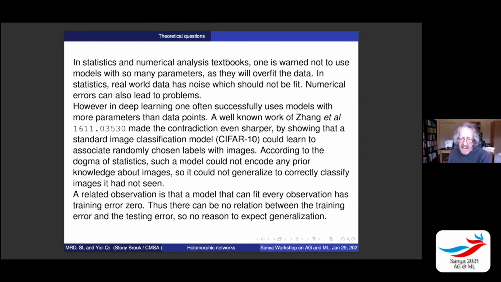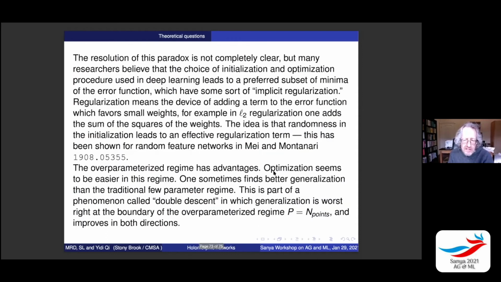But in actual fact, the good models for CIFAR10 can perfectly learn that scrambled classification. Of course, they don't then learn to classify anything else. They don't generalize, but it directly contradicts this standard law of statistics.